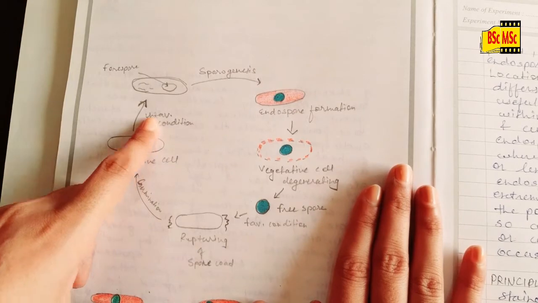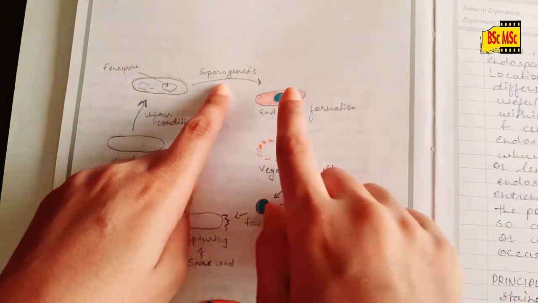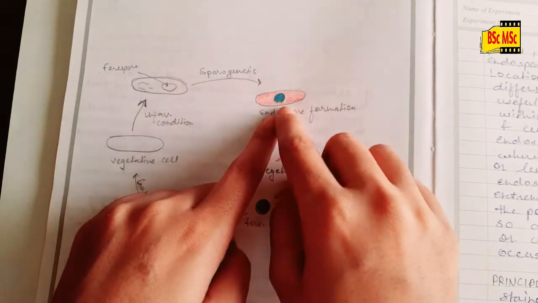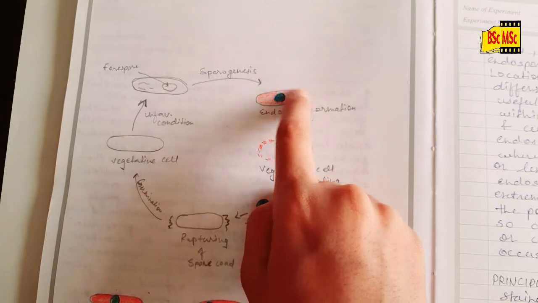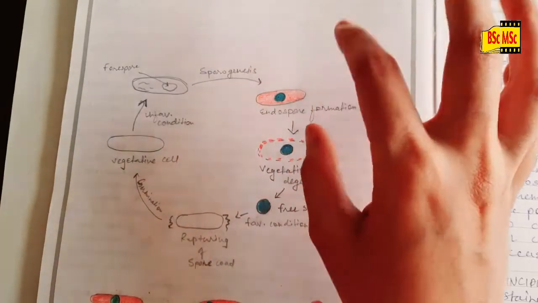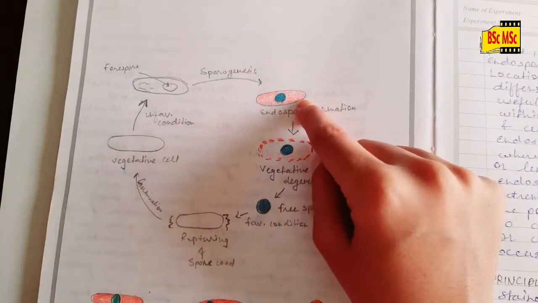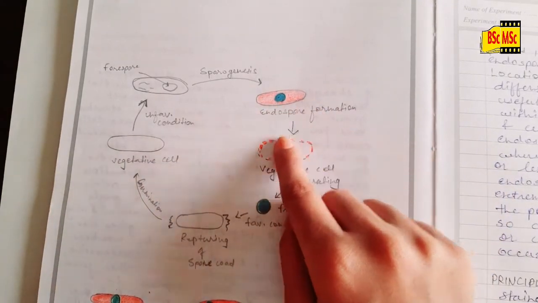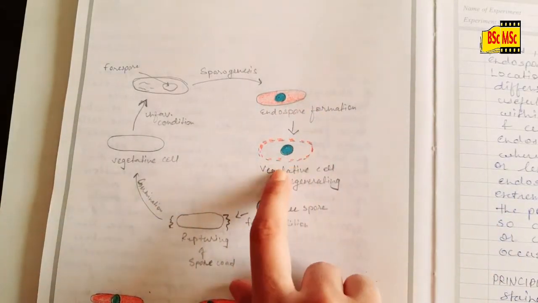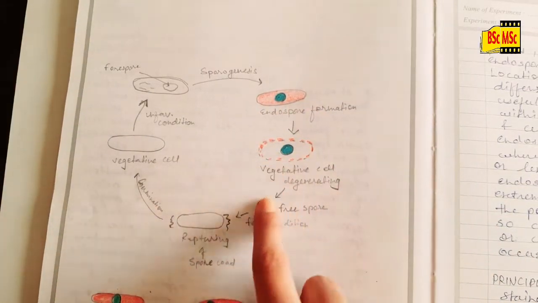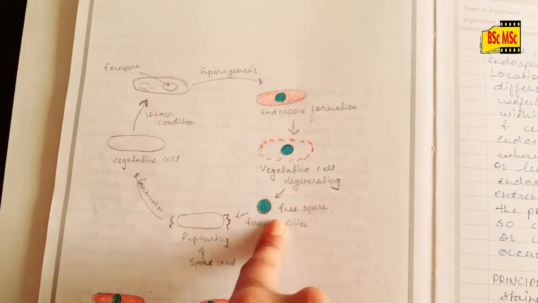Under unfavorable conditions, it starts sporogenesis and forms the endospore. You can see this green color is the endospore, and this red color represents the vegetative cell. This is just coloring to show you where the vegetative and parent cell and the endospore are. So the endospore is formed. After that, the vegetative cell starts degenerating, and only the endospore will be left with the spore coat.